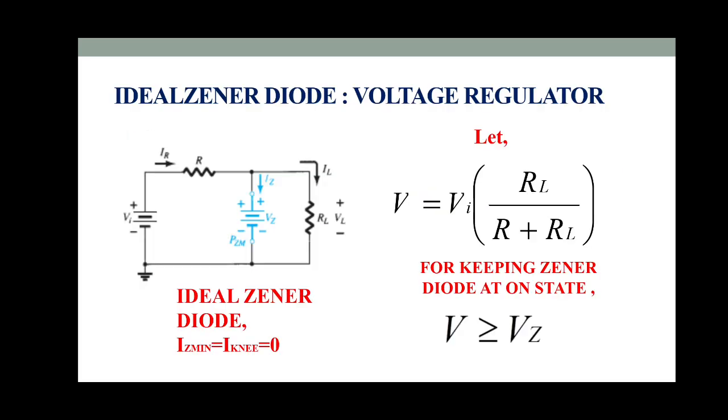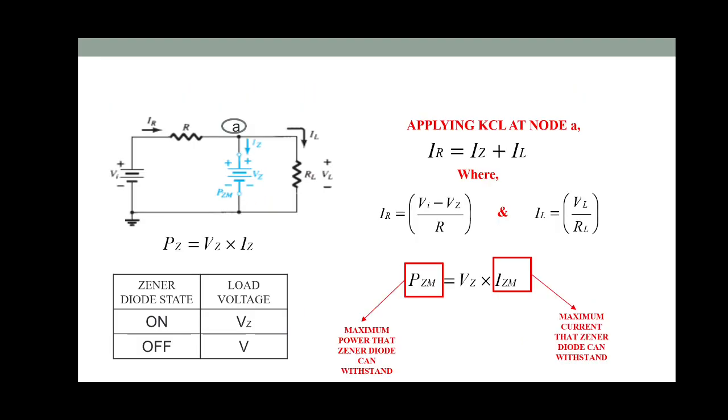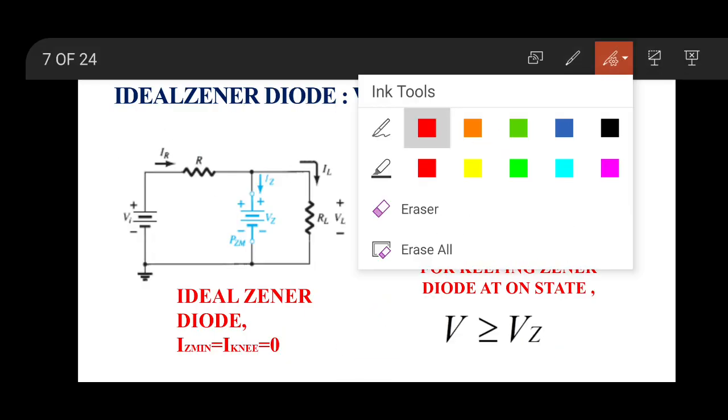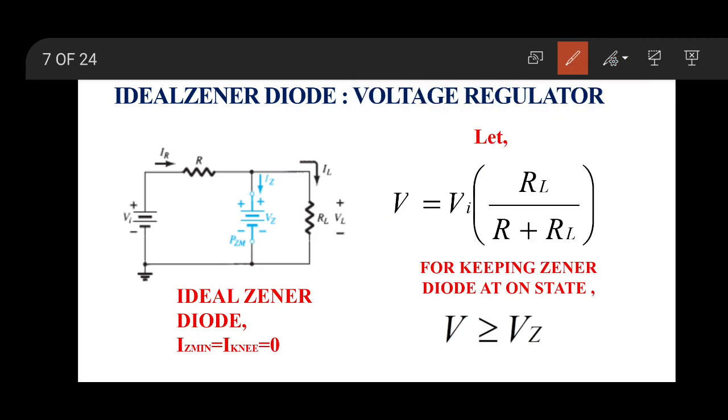Now, for an ideal Zener diode, when we call it an ideal Zener diode, we will discuss that here. For an ideal Zener diode, the knee current that has been explained in the characteristics curve should be 0, and the internal resistance should also be 0.